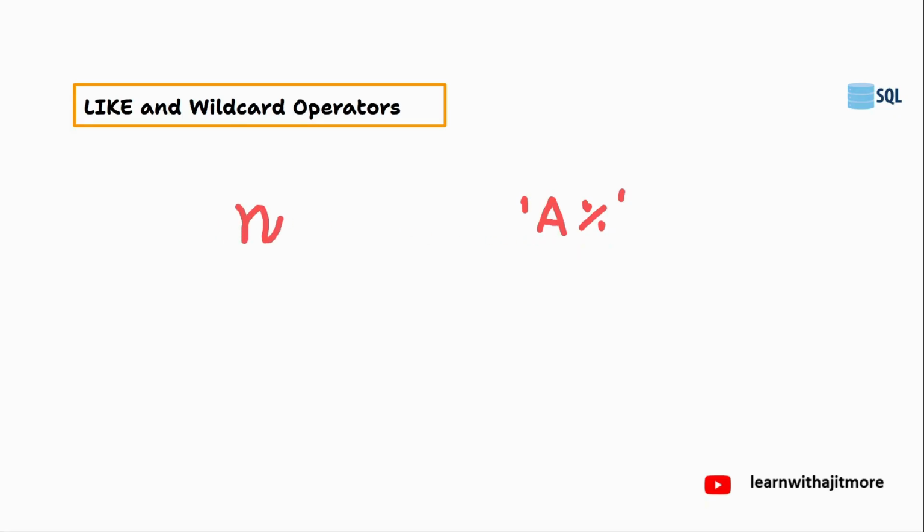So if I'm matching name with this pattern, for matching the value with the pattern, you have to use the like operator. You cannot use equal. If you use equal, what funny thing will happen?